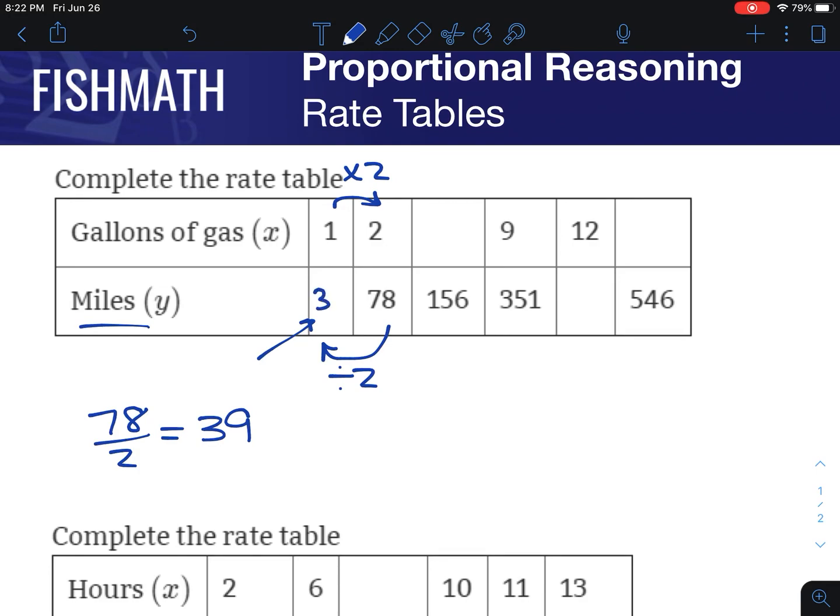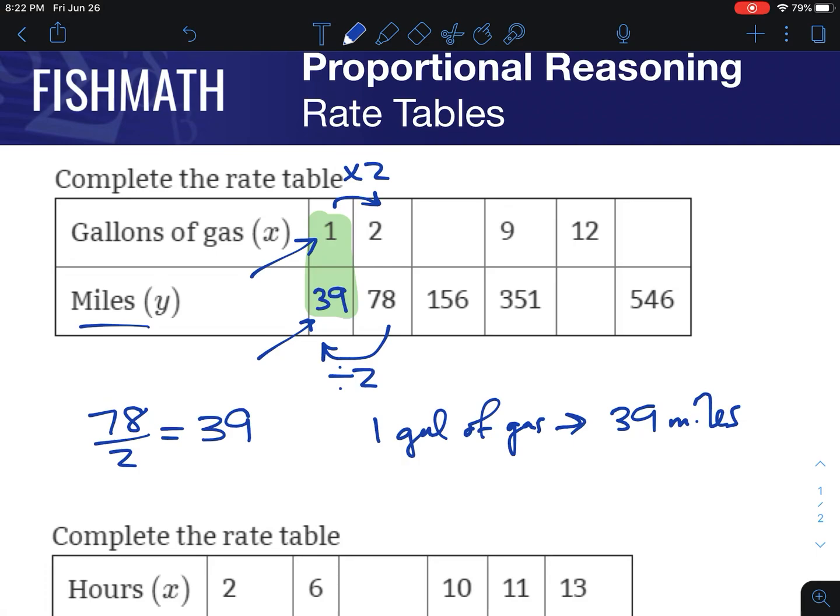It's per 1 gallon of gas. So 39 is going to go here. And again, this is the unit rate because it's per 1 of the other thing. So 1 gallon of gas. So that tells us that for every 1 gallon of gas, we can go 39 miles.